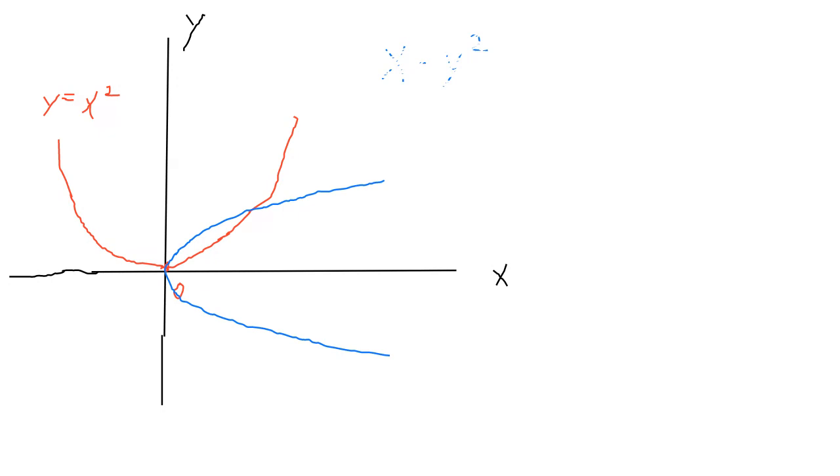Well, just this part here would be the square root of x, that top part. But we want the whole function. Square root of x minus x squared? Well, I mean, this is what I was looking for.